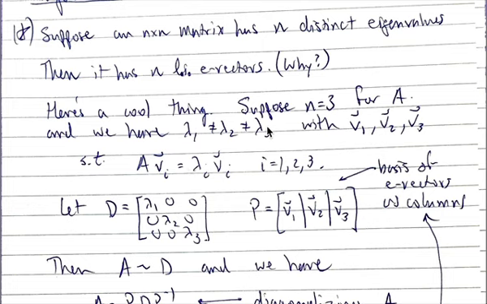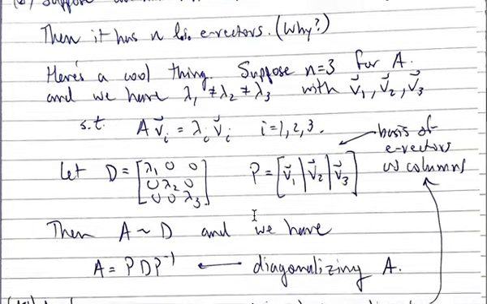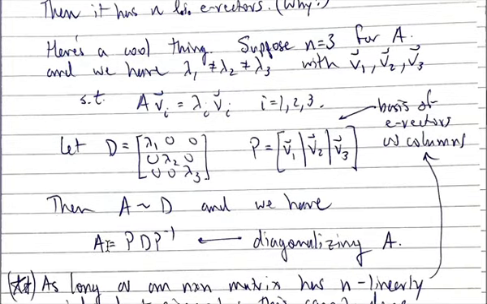So what we're going to do is construct a similar matrix, which has a very nice structure, to A, and we're going to do it by constructing the similarity transform P. So remember, what we're looking for is to write that A is in fact equal to this multiplication of these three matrices, and this will say that A is similar to a matrix D. And what's going to make D special is D is diagonal.